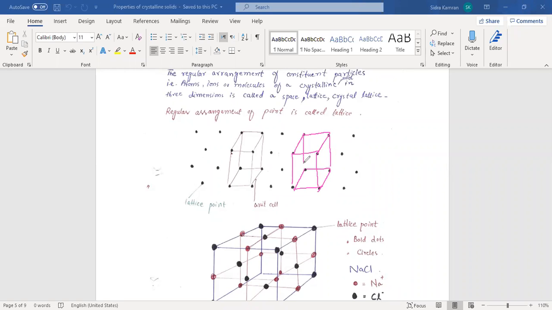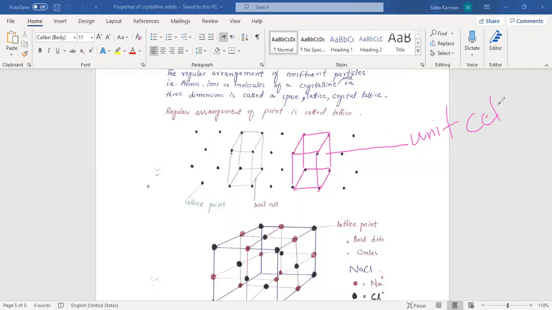So you can see here, while joining specific lattice points, I got one unit. That one unit is called a unit cell.